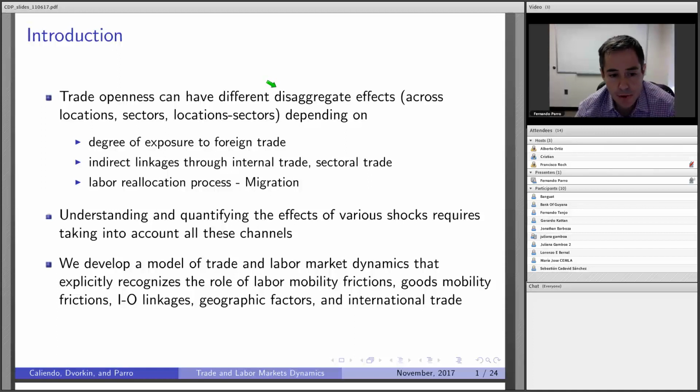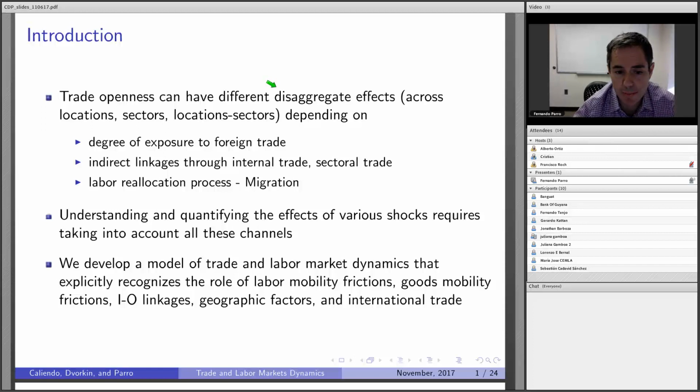However, reduced form studies say little about aggregate employment effects, about welfare effects, and they cannot really be used to study counterfactual policies. And that is the starting point of this paper.